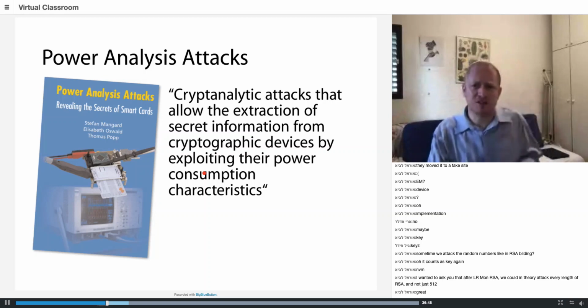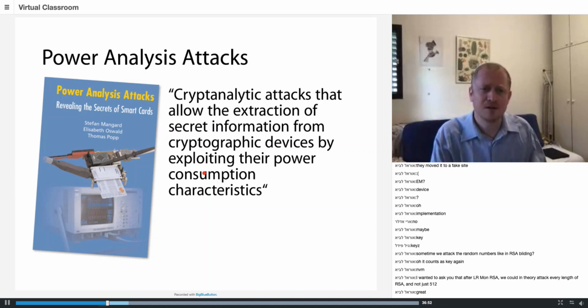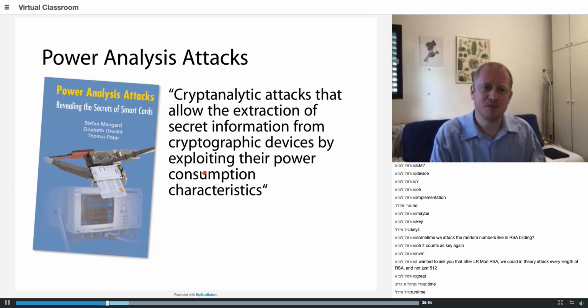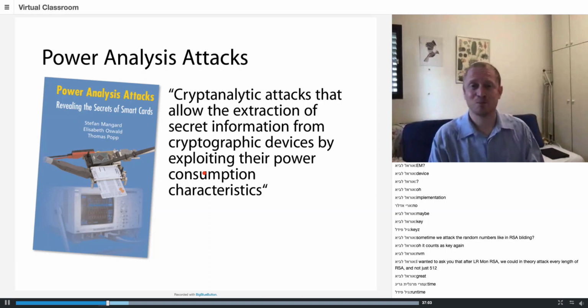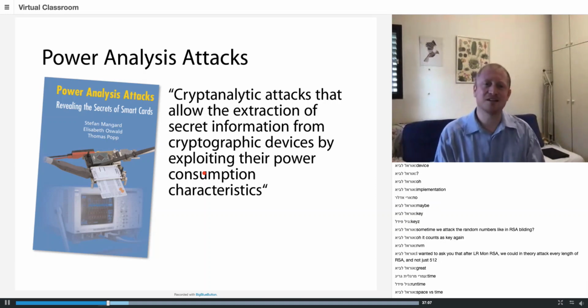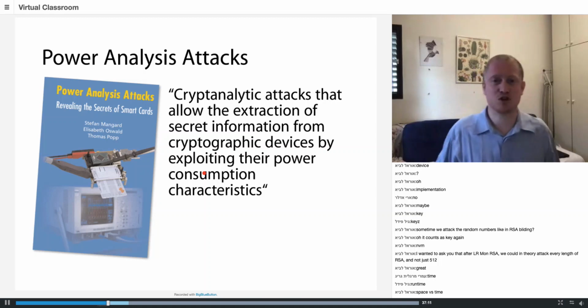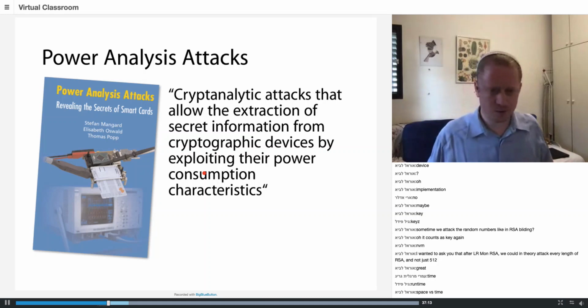What is the complexity you usually learn about in class? When I say complexity, what do you mean? Well, yeah, time complexity, exactly. So low data complexity attacks tend to have high time complexity because that's how it is. And high data complexity attacks tend to have low time complexity or computational complexity in general. But we'll see.